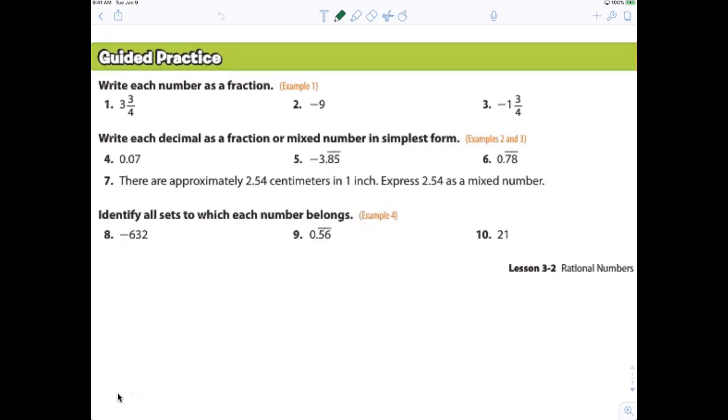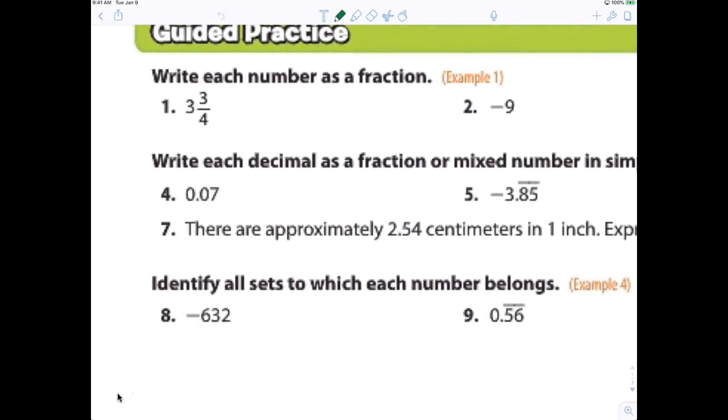So the first part says write each number as a fraction. But to me, it looks like it's already a fraction, right? I really feel like they should have said write it as an improper fraction. Who remembers how to write that as an improper fraction?